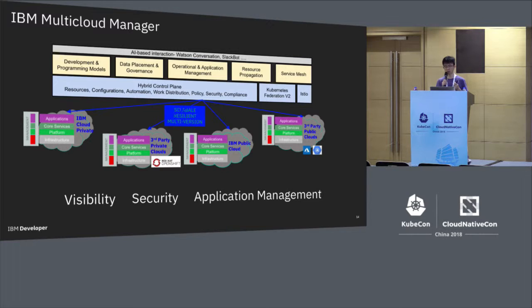When there are many clouds, we need a tool to help us search the resources we need. With IBM Multicloud Manager, we need only one console to search the different cloud platforms. And also, we can check the status of the cloud platforms. So with Multicloud Manager, it can provide better visibility.